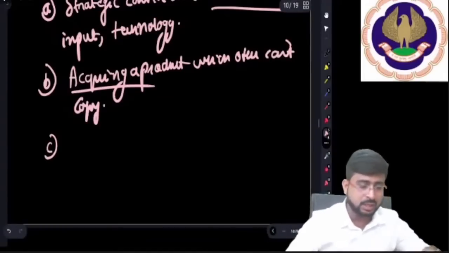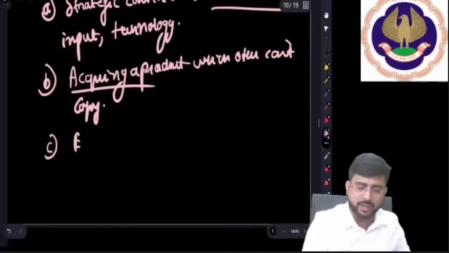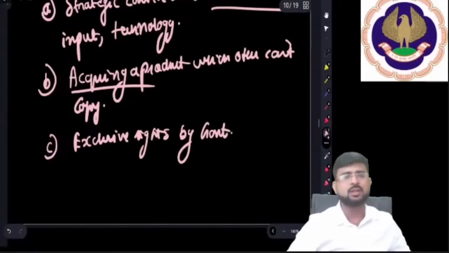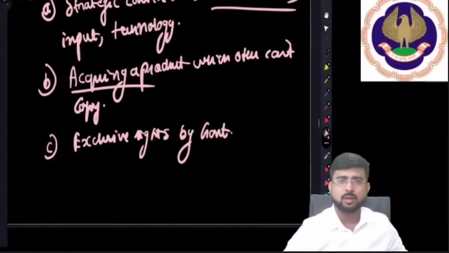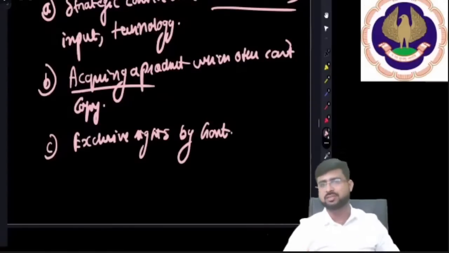Point C could be exclusive rights given by the government. Sir, can you give us an example? For example, in India, the BCCI, Board of Control for Cricket in India, has the sole power to represent India as far as cricket is concerned.